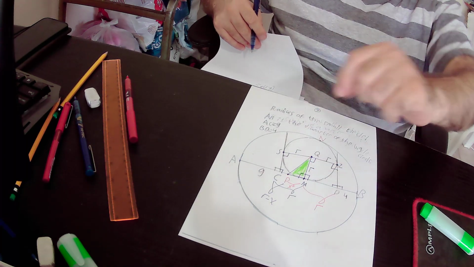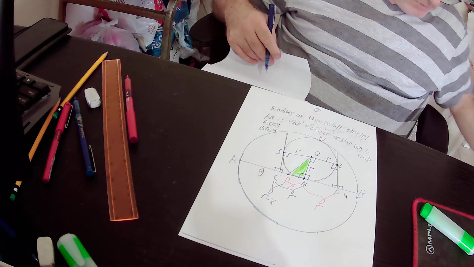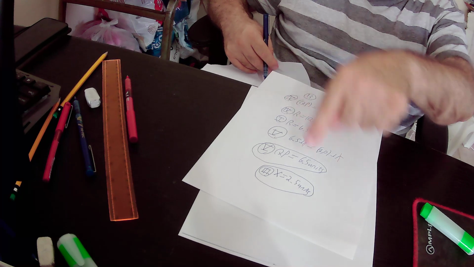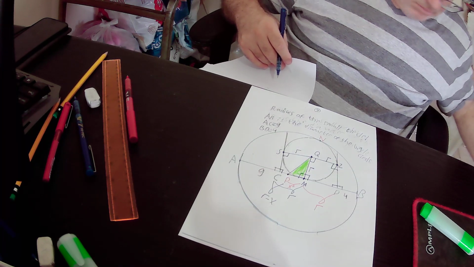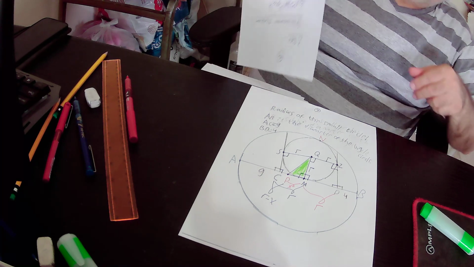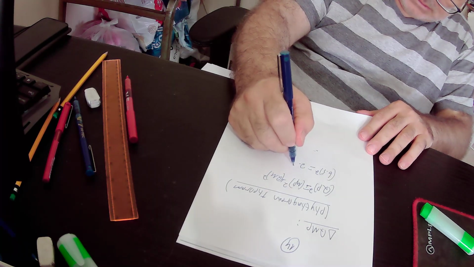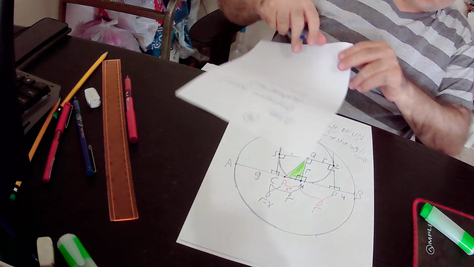MP, or PM, equals X according to our definition, and we have already found out that the value of X is 2.5 units. So MP square is 2.5 square, plus QM square.